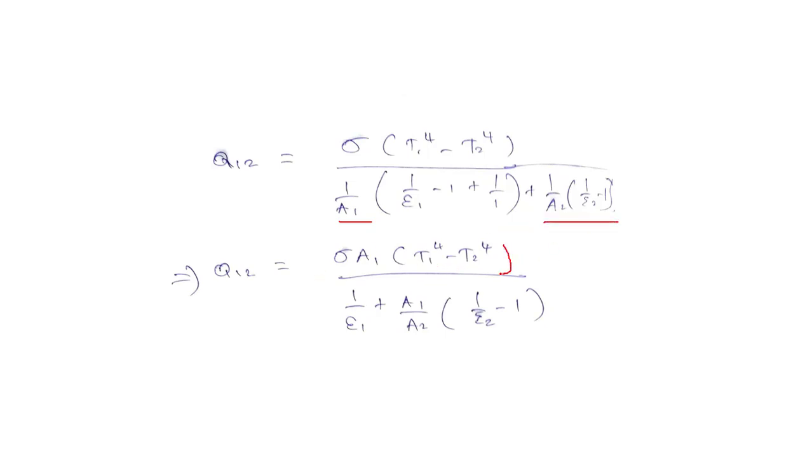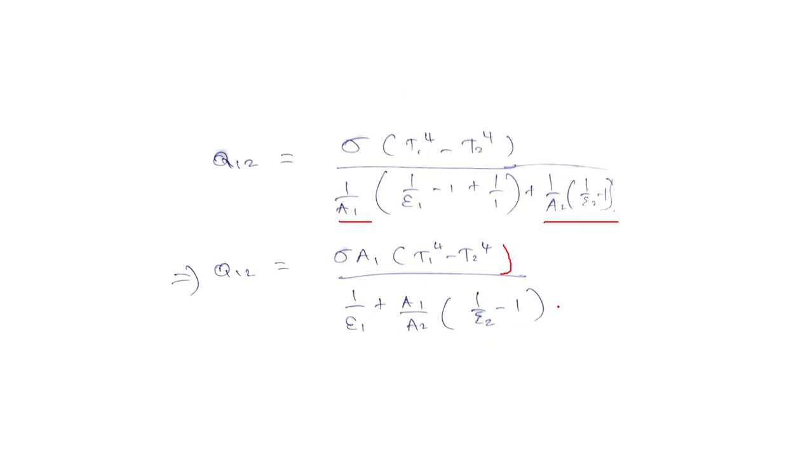Now rearranging this, we multiply and divide by A1 in the denominator, so we get sigma A1 (T1 raised to 4 minus T2 raised to 4) upon [1 upon epsilon 1 plus A1 upon A2 times (1 upon epsilon 2 minus 1)].